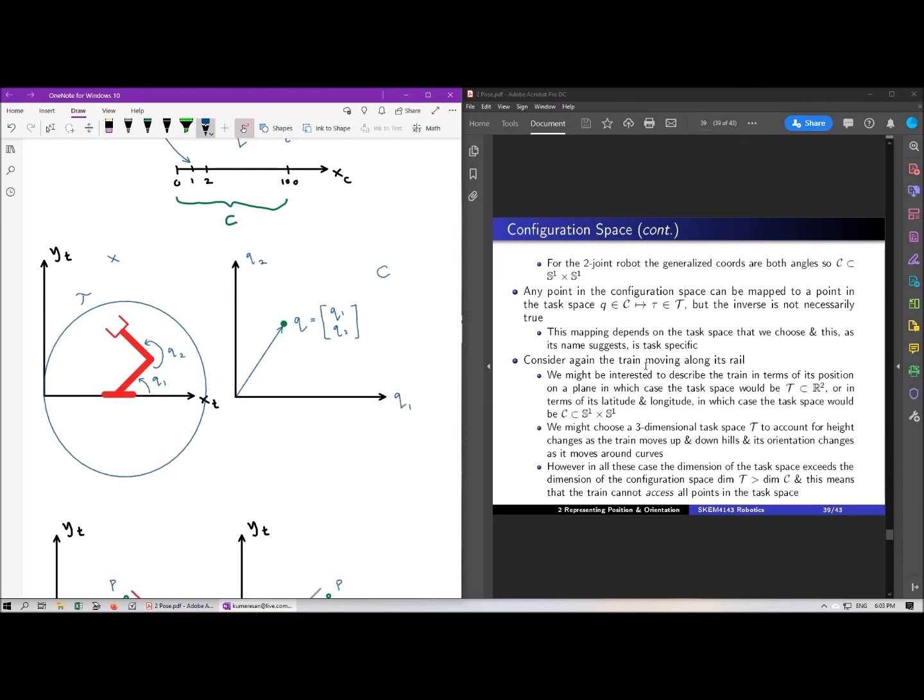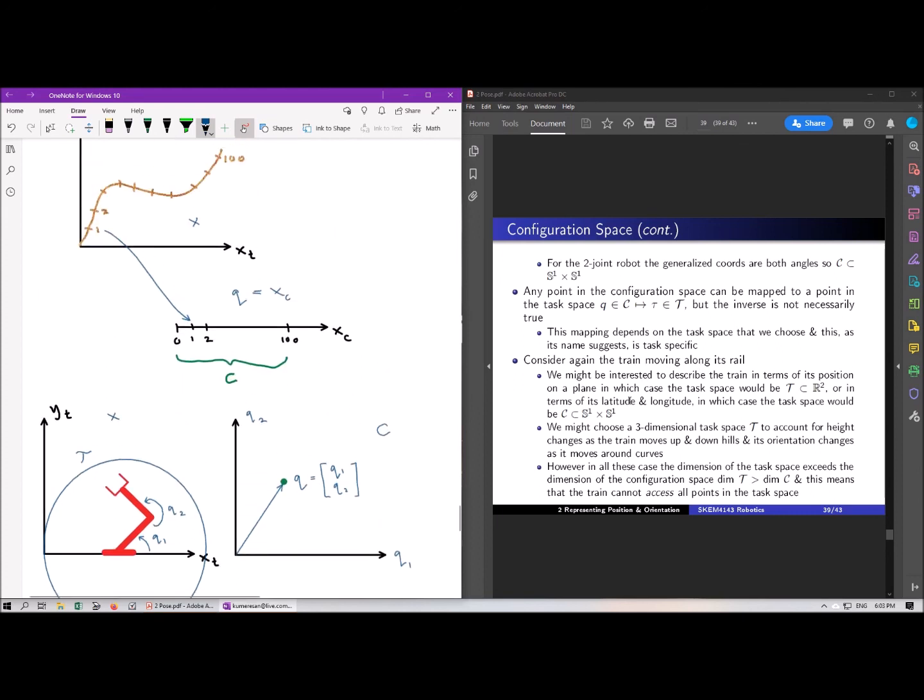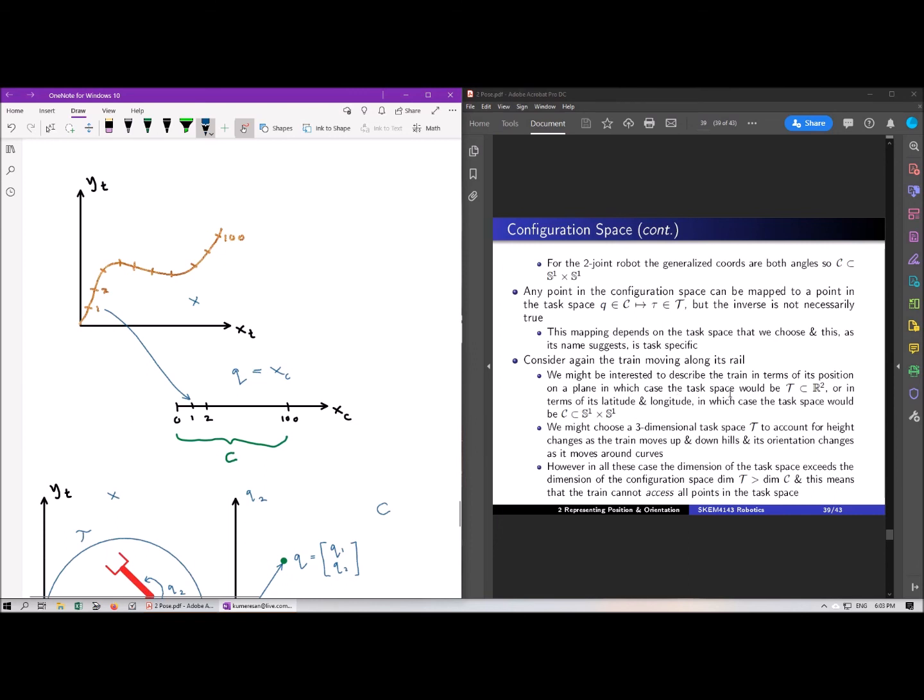Consider again the train moving along its rail or the track. We might be interested to describe the train in terms of its position on a plane, in which case the task space would be T, or in terms of its latitude and longitude.